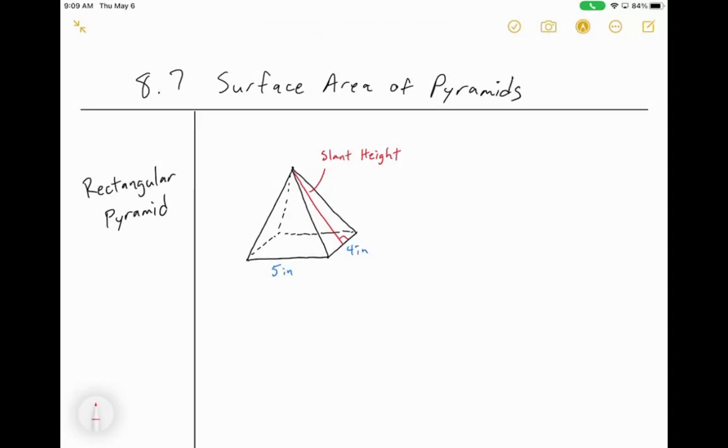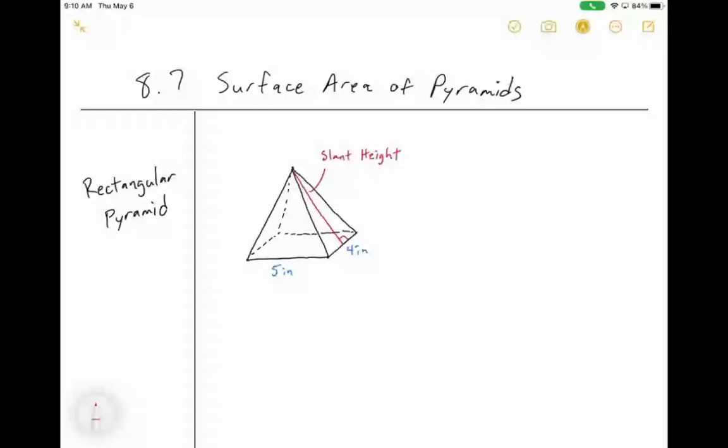If you're leaning over a little bit, your height is still from your toes to the top of your head, even if you're leaning a little bit. That's not the height you'd be fitting under, but your actual height, toes to head, is just like this red line. It goes from the base of the triangle to the top of the triangle, right? And you'll see why we need that in a second.